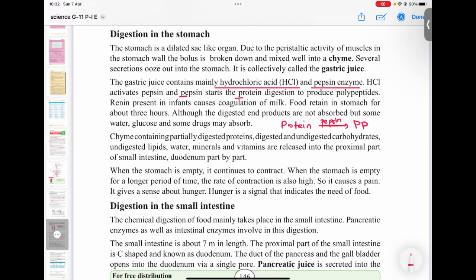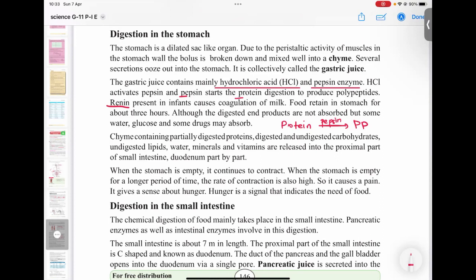There's something called renin. I think the spelling for renin is double N, but in your book they have given a single N. We will go with the book, right? Renin is present in infants, not in adults or people like you. So it is found in infants. It will cause coagulation of the milk. What is coagulation?